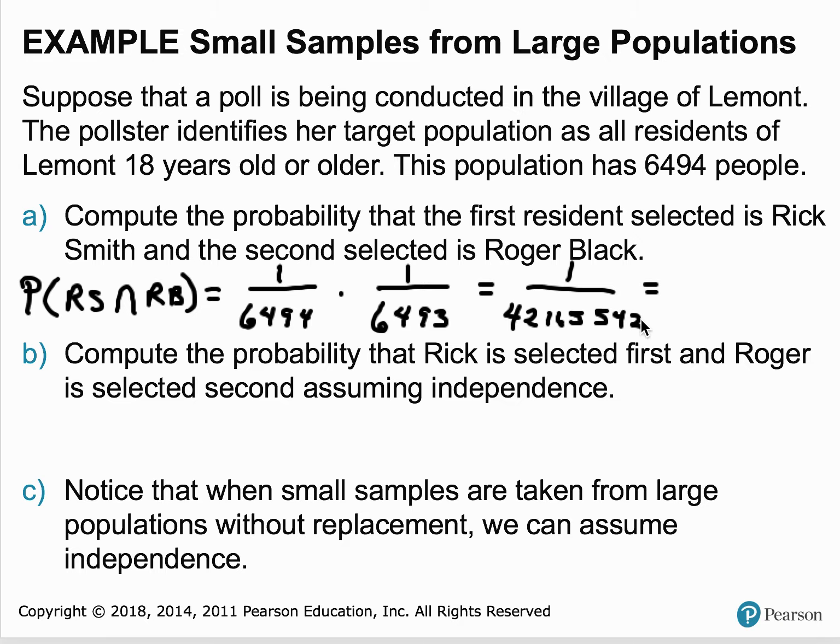Let's see what that is as a decimal approximation. 7 zeros, and then 237.